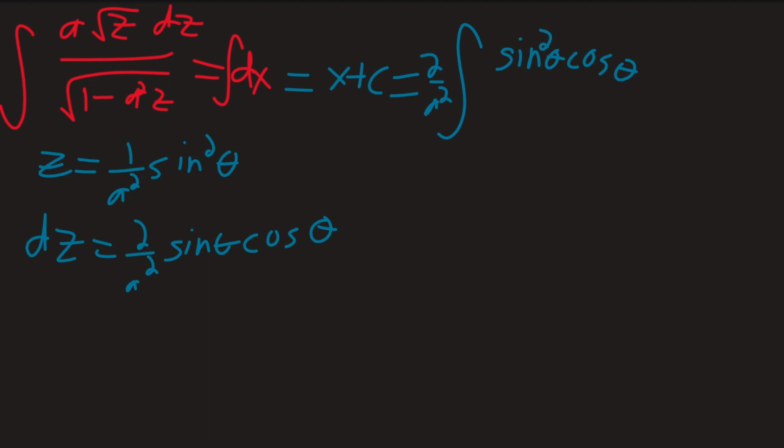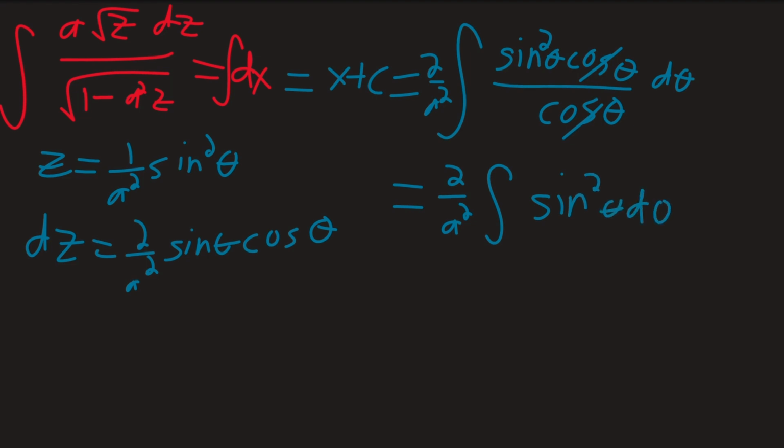So the sine theta on the numerator is actually just squared, d theta, of course, and then over the square root of 1 minus a squared z. Well, the a's here are going to cancel, leaving us with just the square root of 1 minus sine squared, which is just cosine. Meaning those cancel, leaving us with 2 over a squared times the integral of sine squared theta d theta.